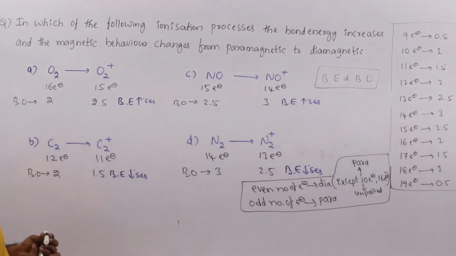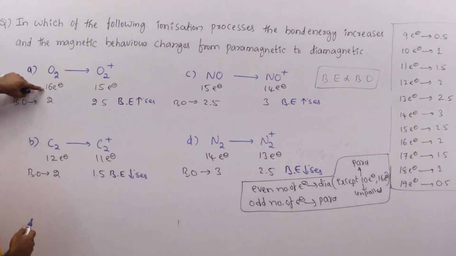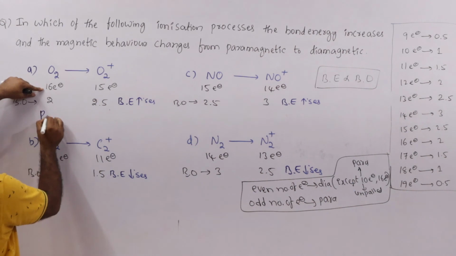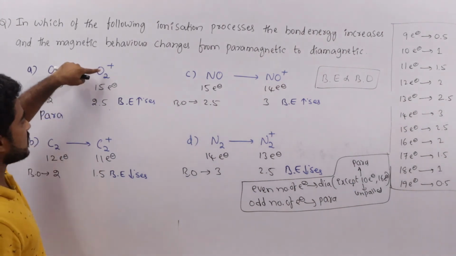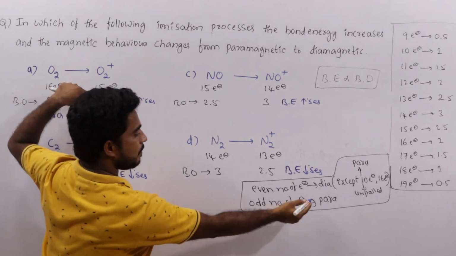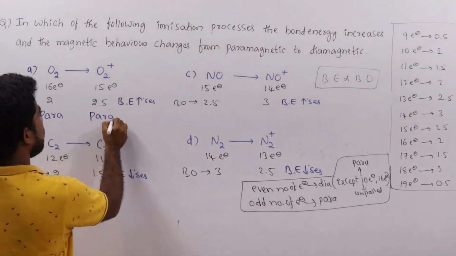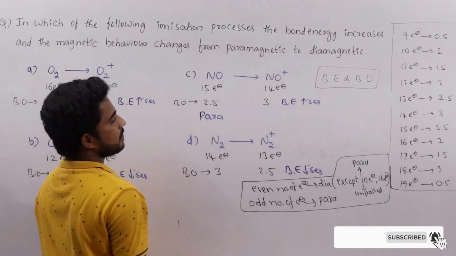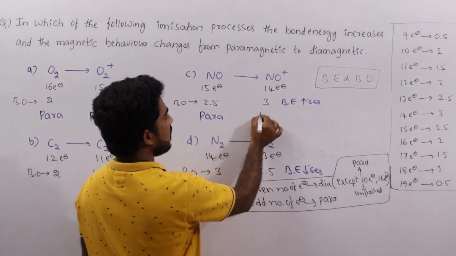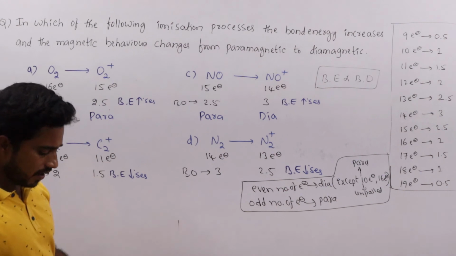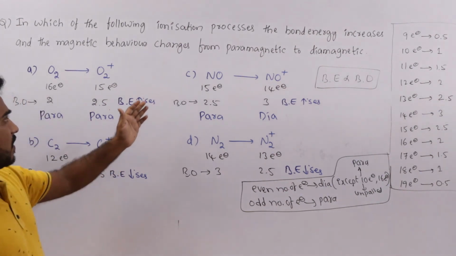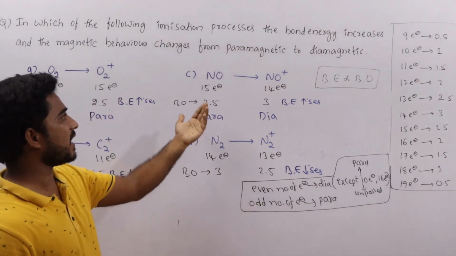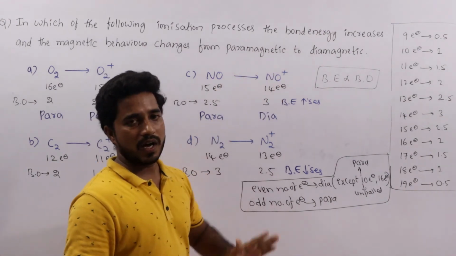Here O2, a 16 electron species, has paramagnetic nature. O2 plus, a 15 electron species, an odd number, is also paramagnetic. With 14 electrons, an even number, the nature is diamagnetic. In the question, they asked for the ionization process where bond energy increases and the magnetic nature changes from paramagnetic to diamagnetic.